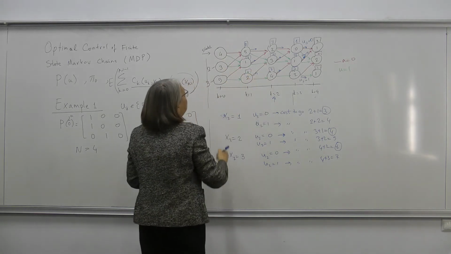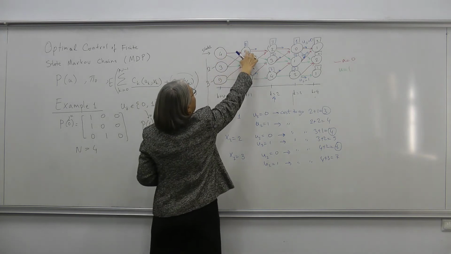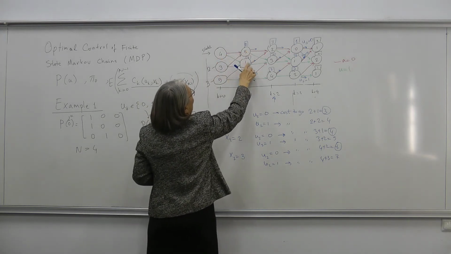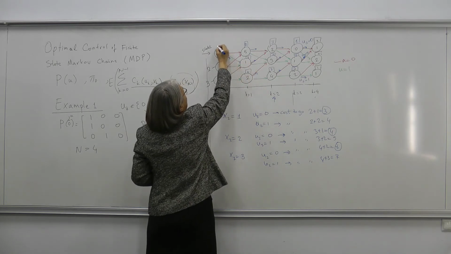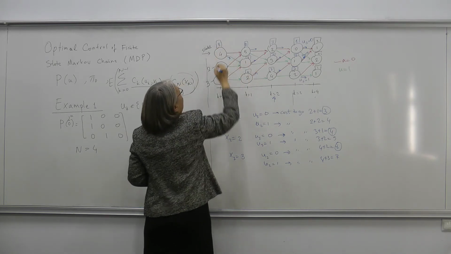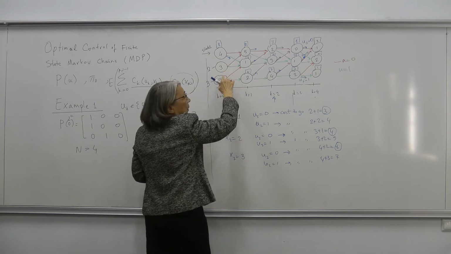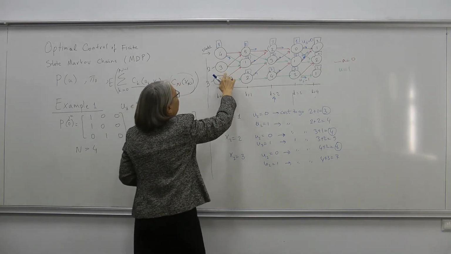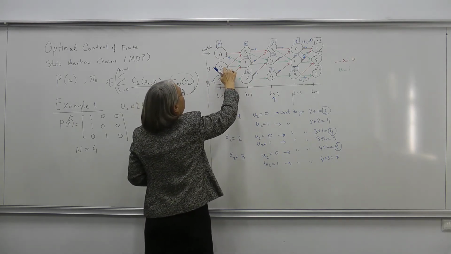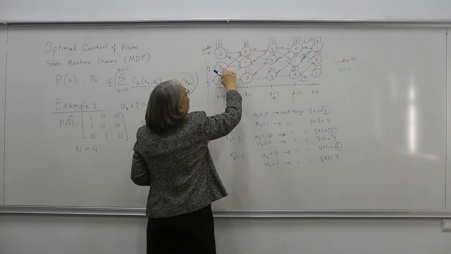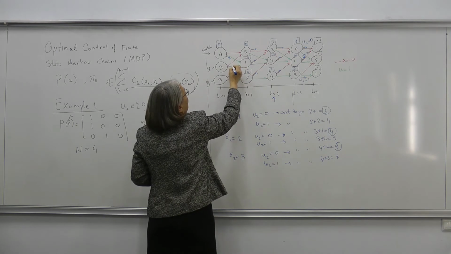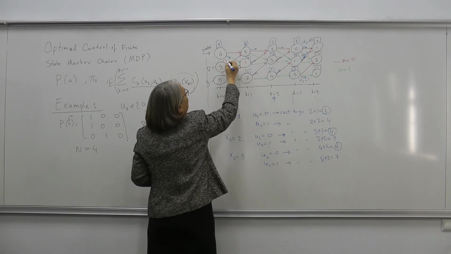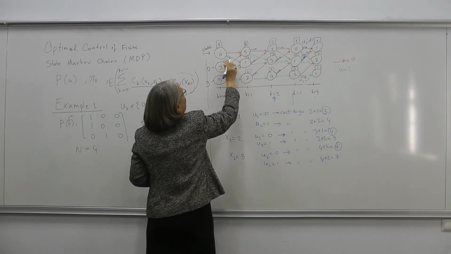And when we come to the first one, I have 4 plus 8 or 4 plus 4. 4 plus 4 is better, so I choose this one and write the overall cost to go as 8. I hope that I'm doing it correctly. And for that one, I have 3 plus 8 compared with 3 plus 4. And 3 plus 4 is better, so I just put here 3 plus 4 is 7. Cost to go is 7.